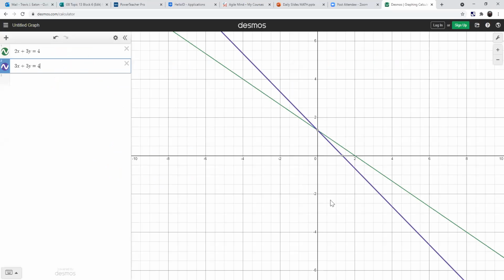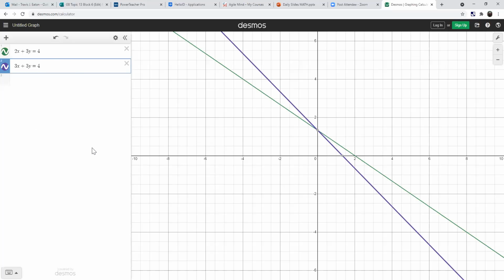And you can see that they definitely have a point of intersection, right? You just want to make sure that there are differences, and you're not just multiplying everything through by the same number in the second equation as you did the first. All I did was change one of my coefficients, and I can come up with one solution.